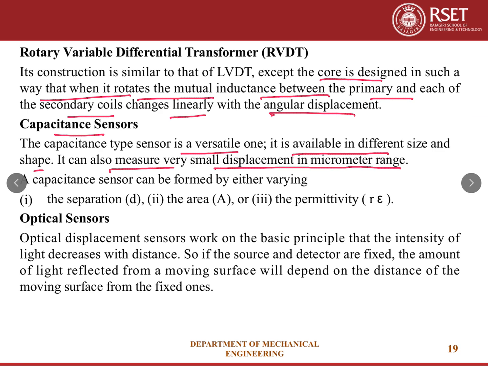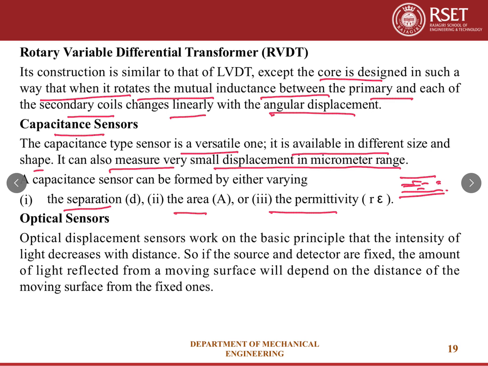The capacitive sensor works by varying either the separation, the area, or the permittivity of the medium. You have two plates separated by a dielectric medium, and this permittivity can vary. So that is the capacitive sensor.